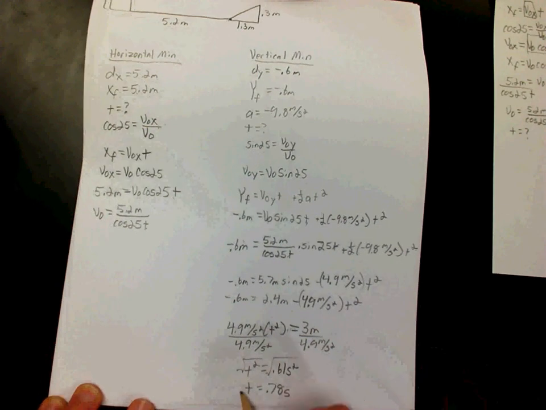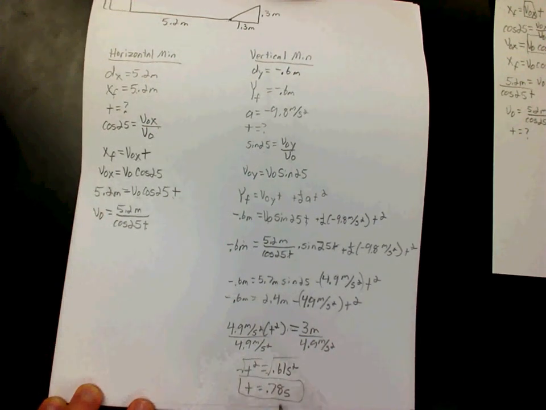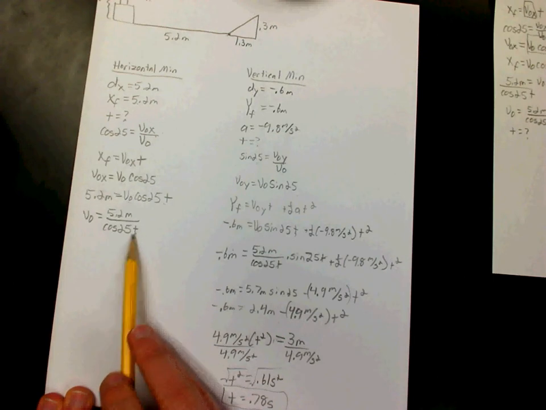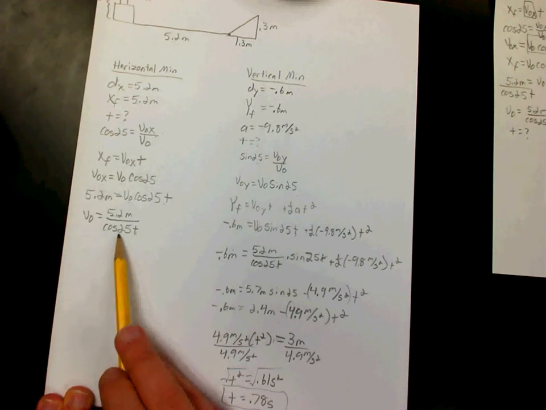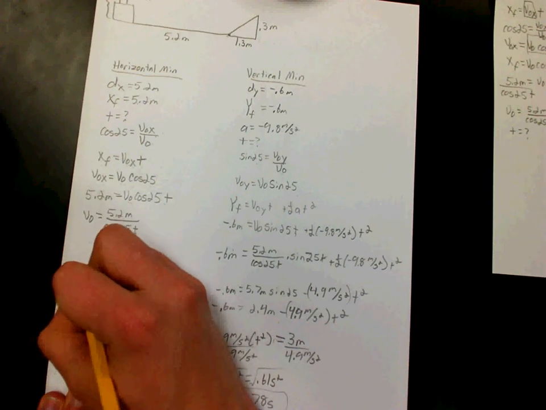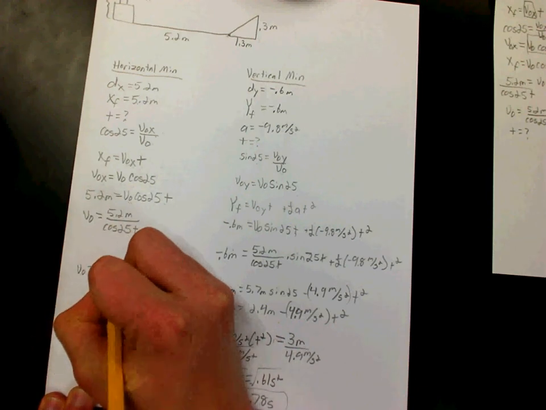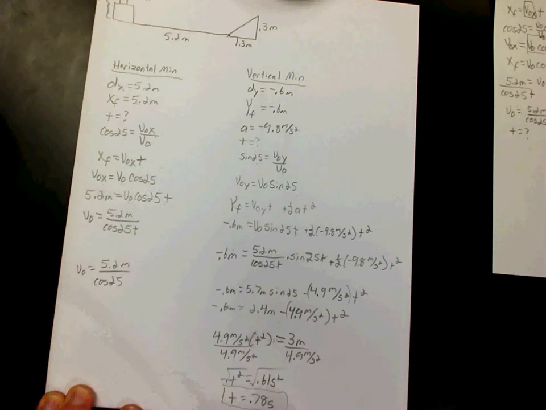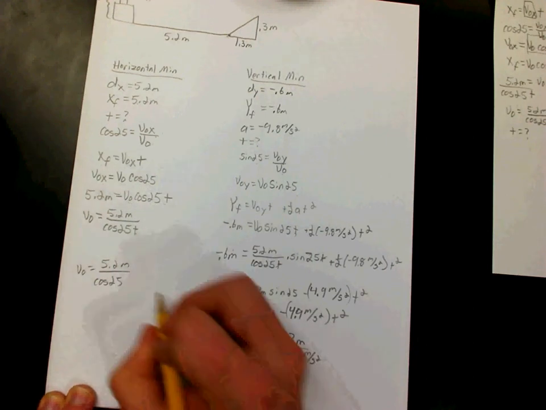Now, since we have our time, we can go back right over here and plug time in. So my initial velocity equals 5.2 meters over the cosine of 25 times the time, which is 0.78 seconds.